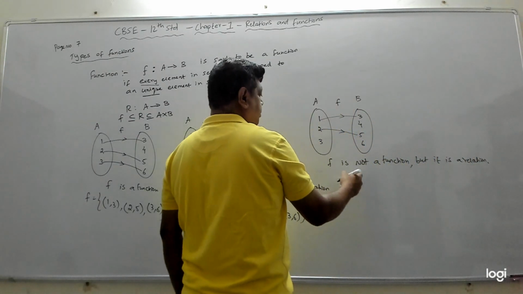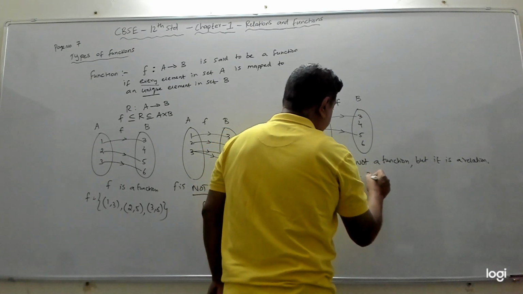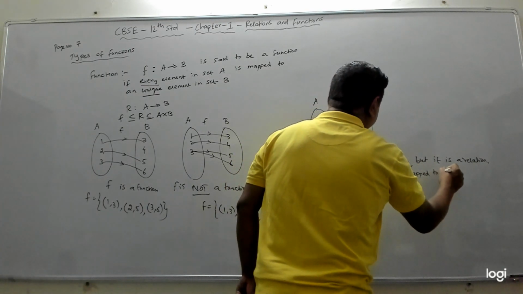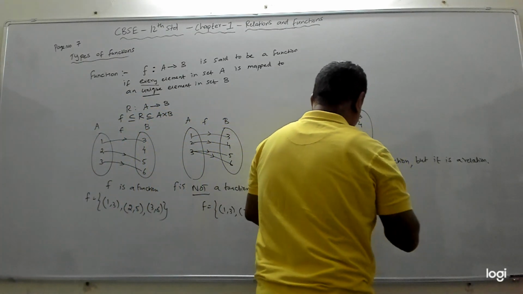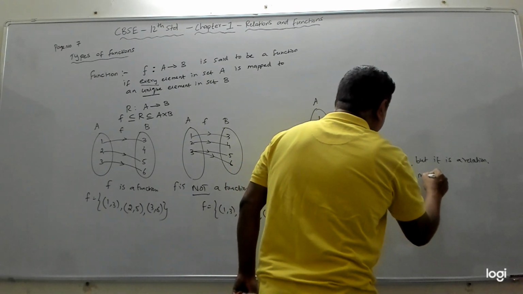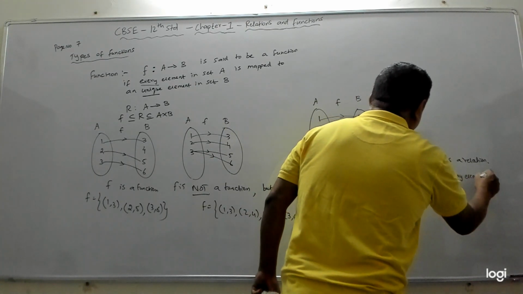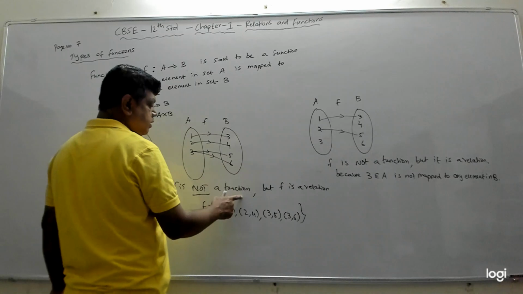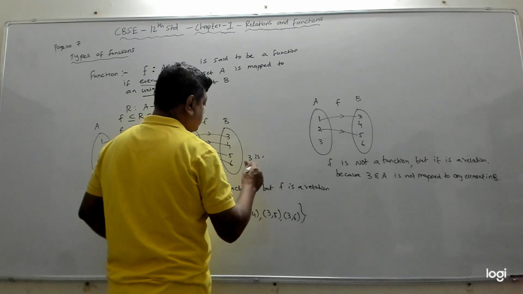Why is it not a function? Because 3 belonging to A is not mapped to any element in B. Therefore, here it is failing. But in the other example, why is it not a function?